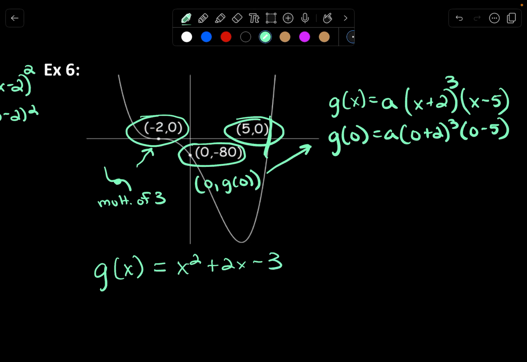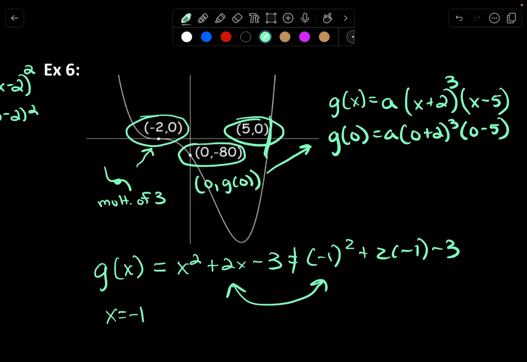And then say that you want to find the output for when x is equal to -1. This is not equivalent, all right? In this course and future math courses, you will get docked for that because this is not a true equivalency. What you need to do is restart. You need to rewrite it as g of -1 is equal to -1 squared, etc.